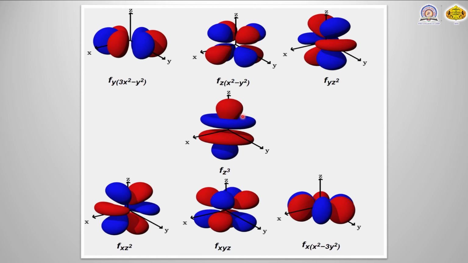Based on that, there has to be 7 lobes oriented in all directions, so there is formation of 7 suborbitals of the f orbital. They are represented here.